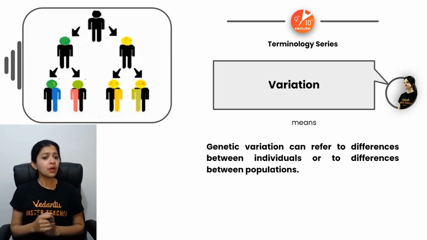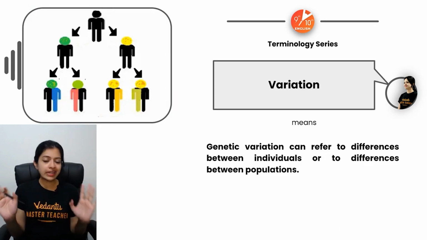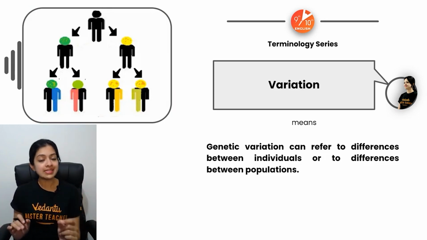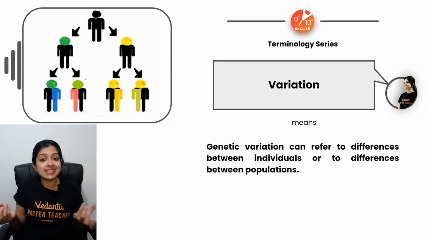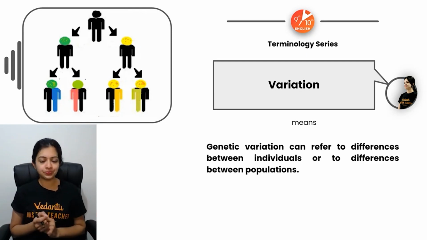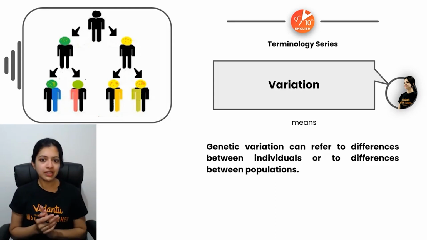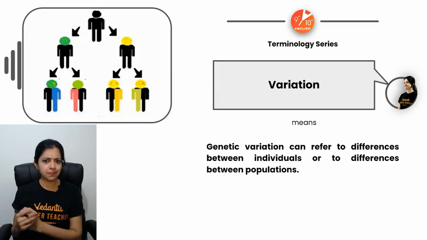Okay. Now, what is variation? Now, variation refers to differences. Literally, it means differences. When we talk about variation at the genetic level, we are majorly talking about differences which exist between individuals of the same population. Now, you and I both belong to the same species, and what is that? Homo sapiens.